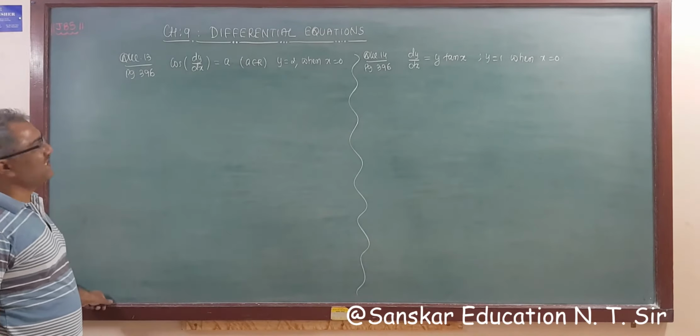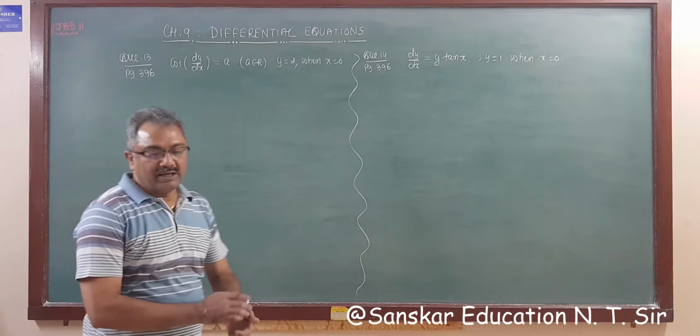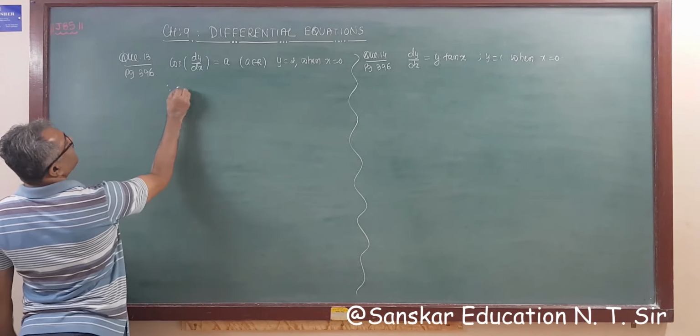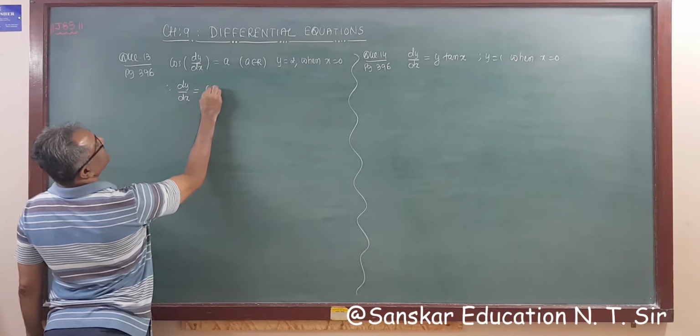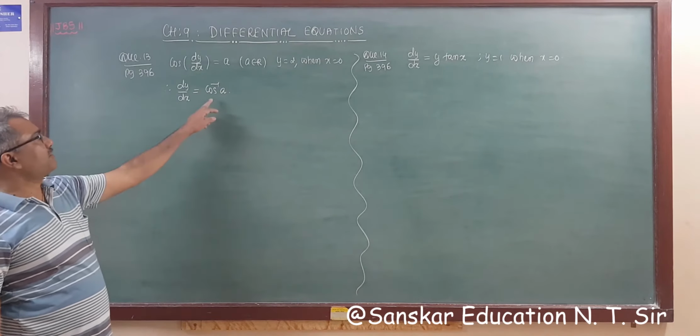Question 14, page 396. cos dy by dx is equal to a, where a belongs to R, right? So this can be written as dy by dx. Applying the cos inverse function on both sides, we get dy by dx is equal to cos inverse a, right? This is constant.